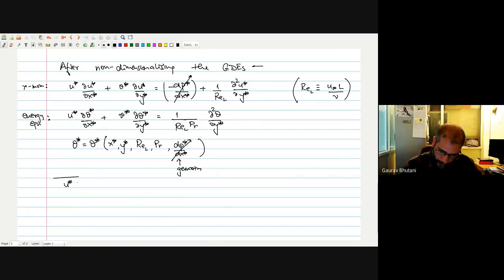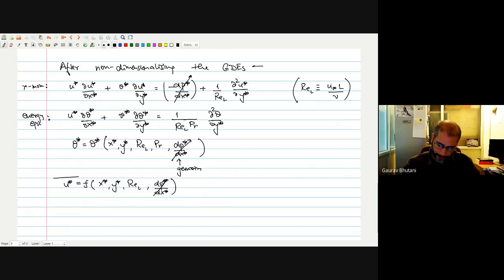So this U star, which is my non-dimensional x velocity, is some function of x star, y star, my Reynolds number, and geometry. But again, this is 0 because we are working with a flat plate.